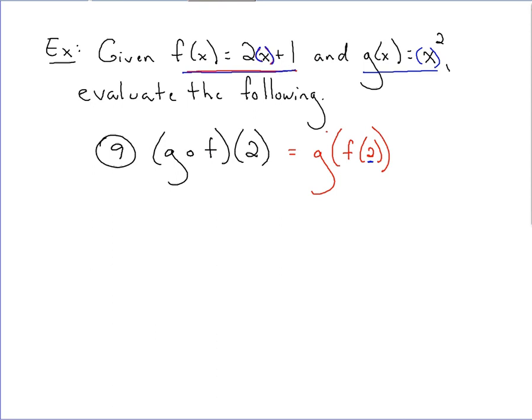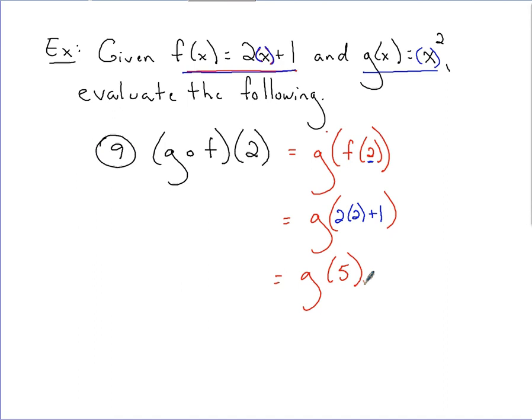So this will equal g of, replacing the inside with what f of 2 is. It's going to be 2 times 2 plus 1. Of course, that's going to be 5. So you got g of 5. Now we've got g of 5.